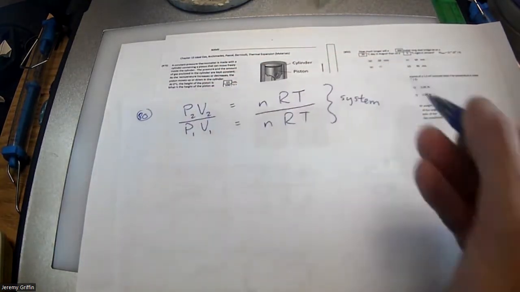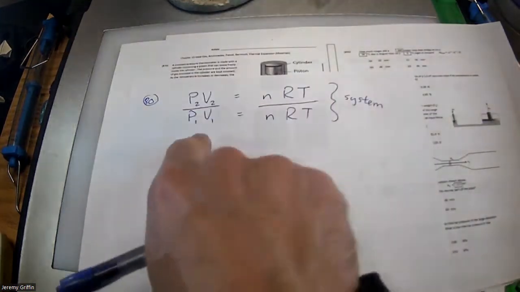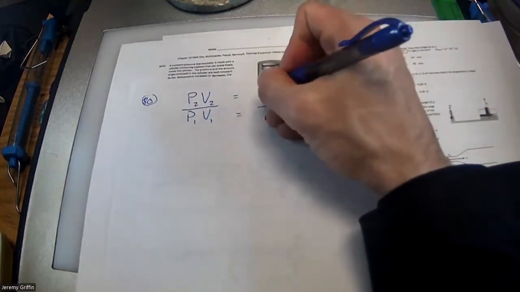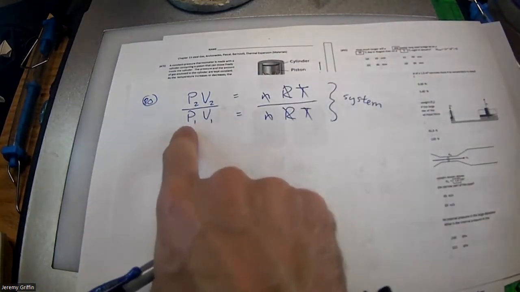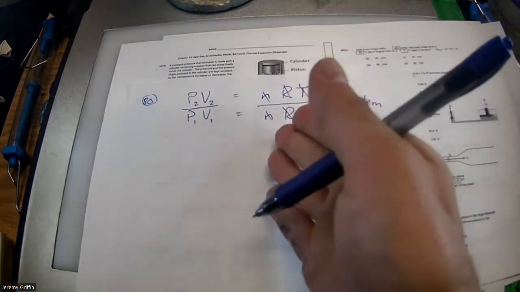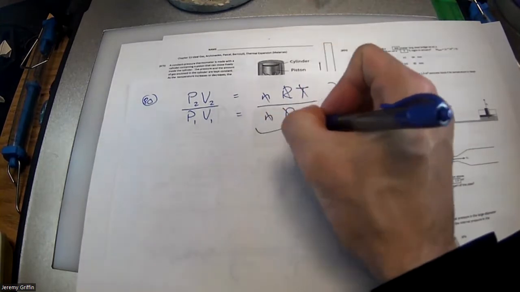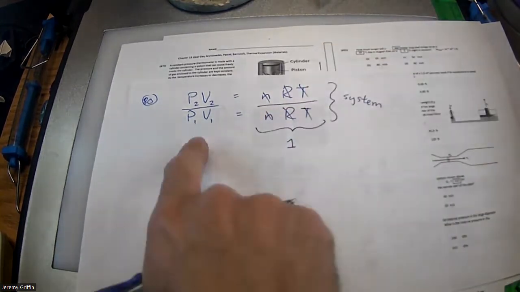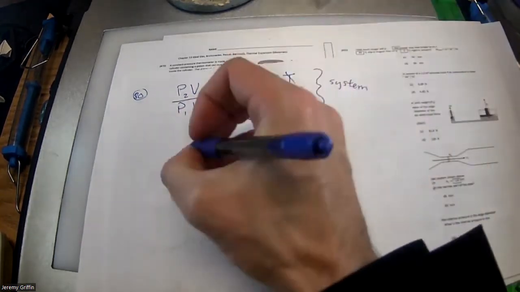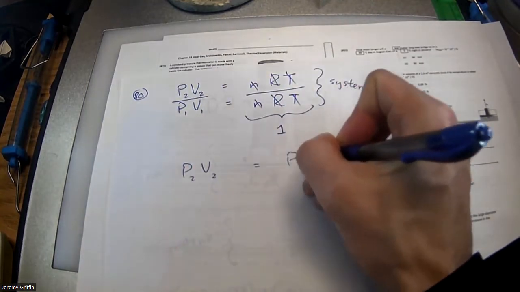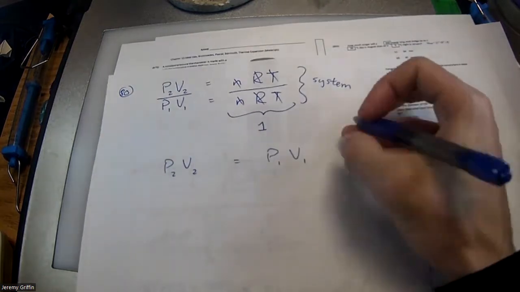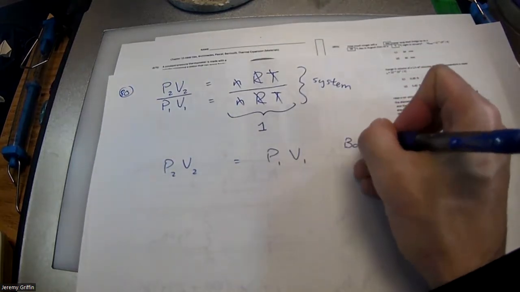I'll divide one equation by the other and get this ratio, and you guys see this is going to be 1. So P2V2 over P1V1 is equal to just 1. Then I can take P1V1, cross multiply it up, and I get P2V2 equals P1V1. This right here actually is Boyle's law.